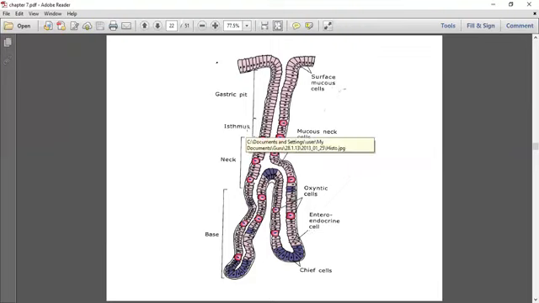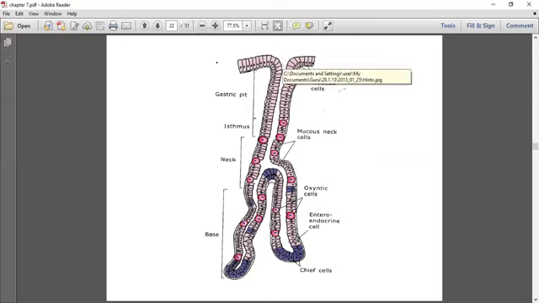The isthmus and the gastric pits are anatomical terms. From the isthmus to the external cover that has the pits, all represent normal columnar cell shape.